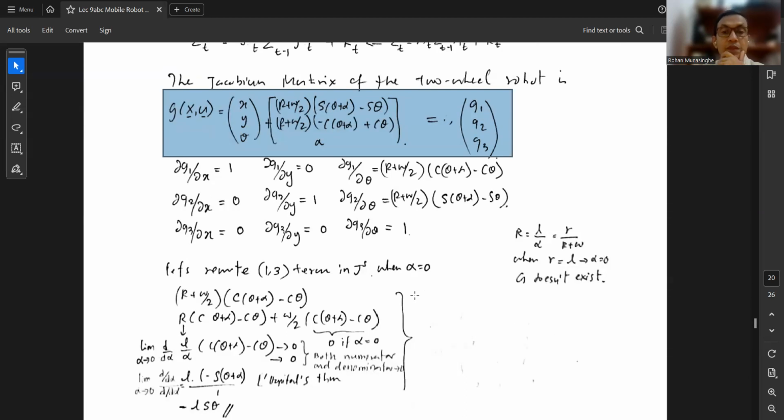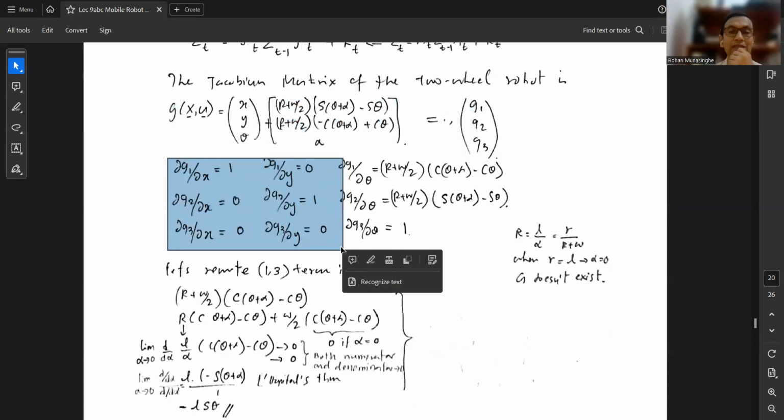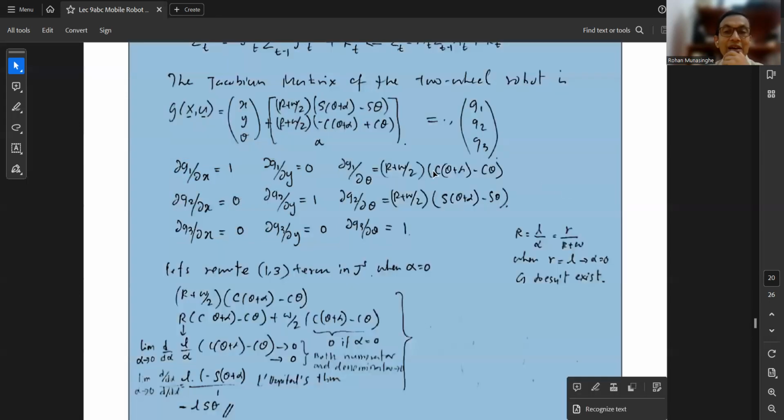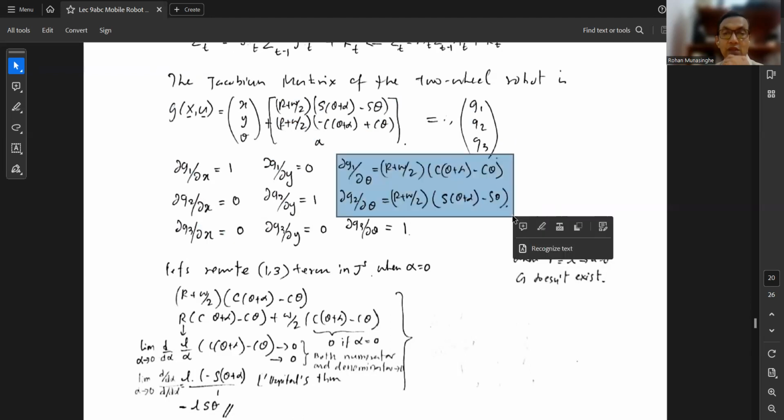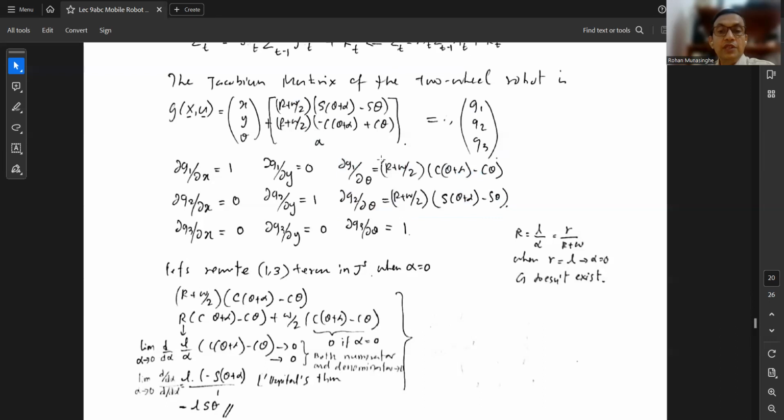Now, these terms are pretty all right, zeros and ones. We are happy about it. But these ones are not. So we better check that out. So what about this one?